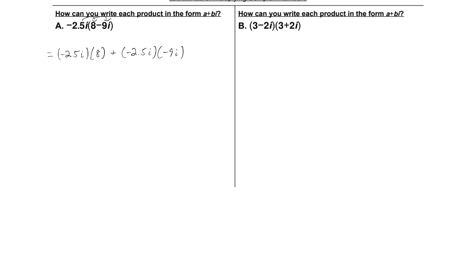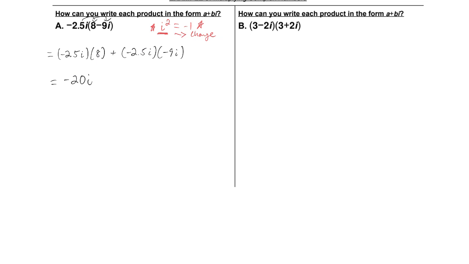Now, one thing to keep in mind in these problems, remember back, we said i squared is equal to negative 1. Whenever you see i squared, you need to change to negative 1. And you'll see that in this problem. So 8 times negative 2.5i is negative 20i.